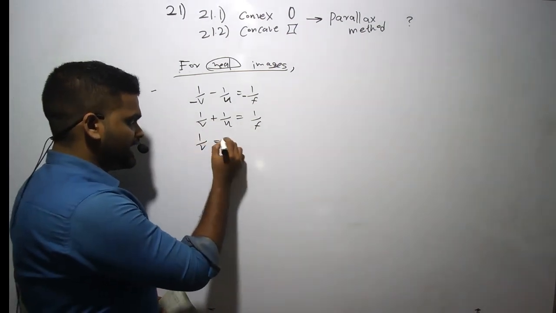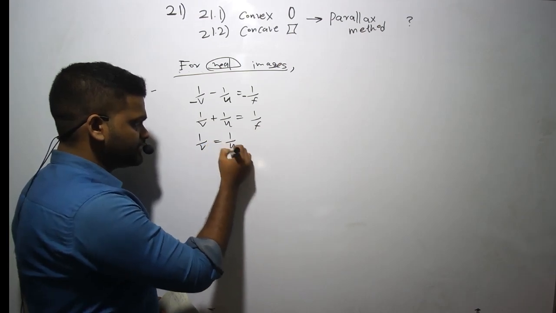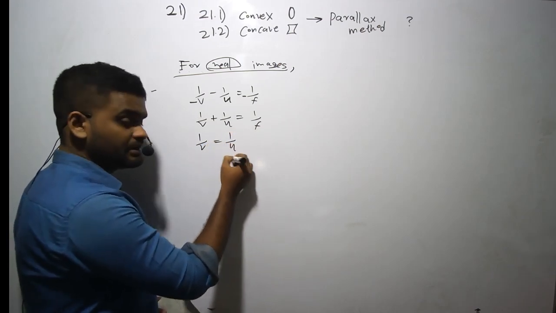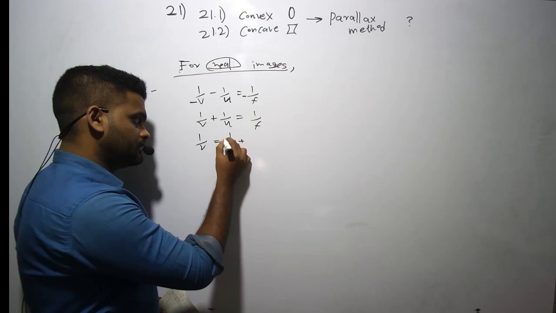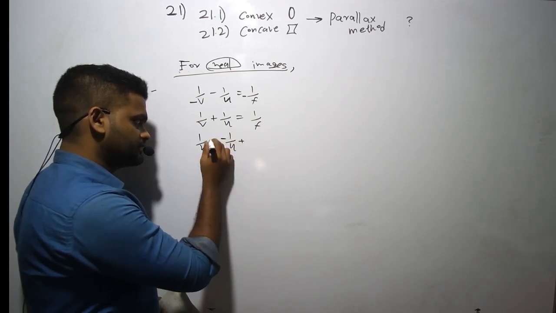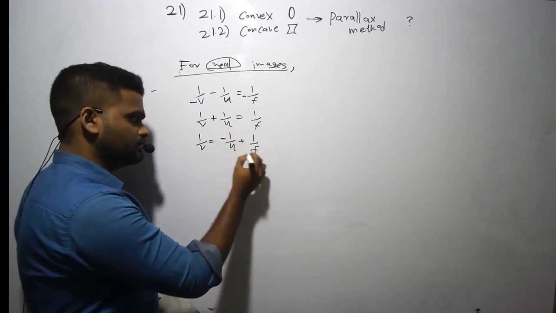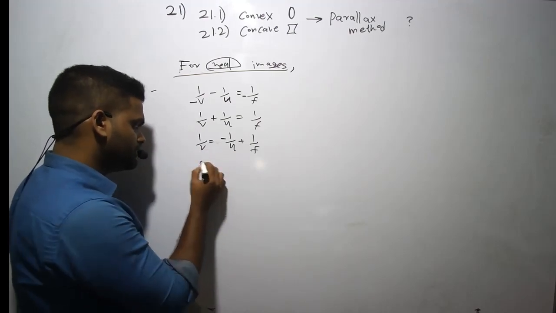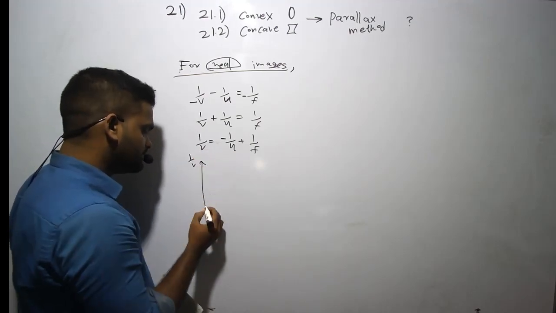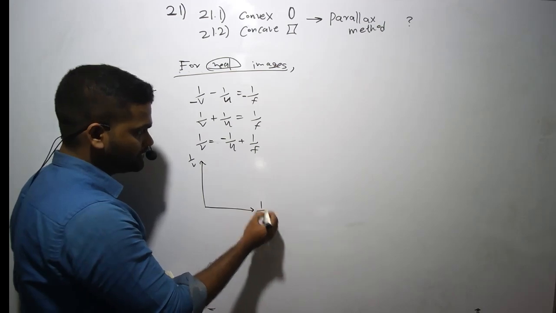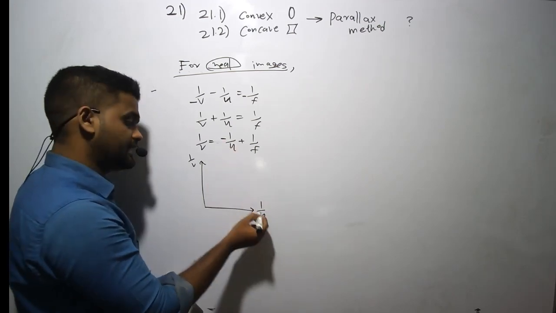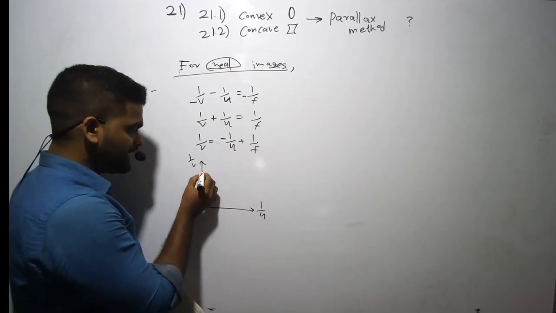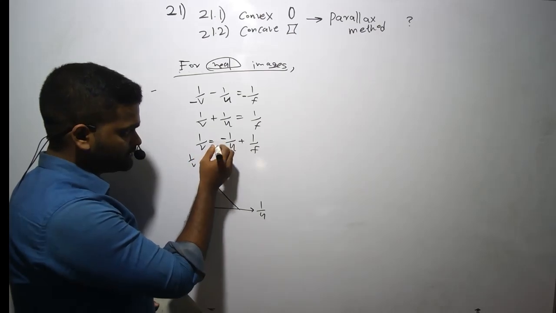If you arrange this, U is related to the independent variable, that is X. So it is going to be minus 1 over F. So this is the dependent variable and you have the independent variable 1 over U as the X. So you get a negative gradient, a negative 1.